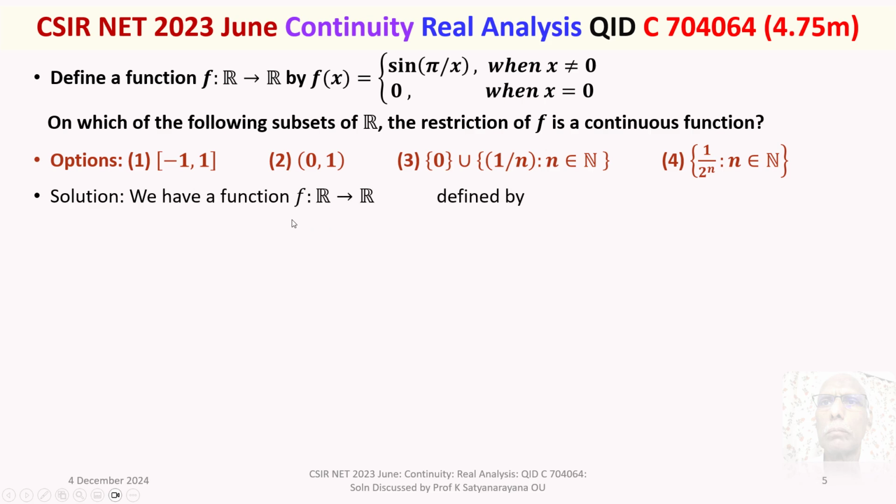We have f, a function from the set of real numbers to real numbers defined by f of x is equal to sine of pi by x when x is not equal to 0 and is equal to 0 when x is equal to 0. The given function is a well-known function and it is continuous everywhere on R except at x equal to 0.